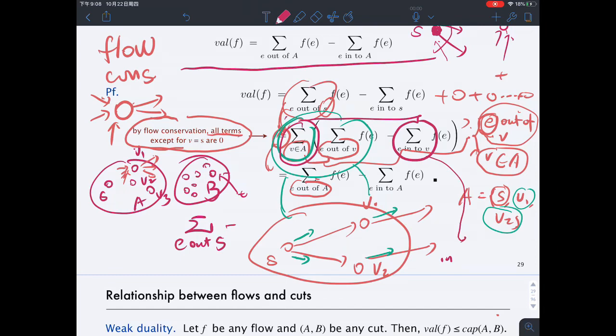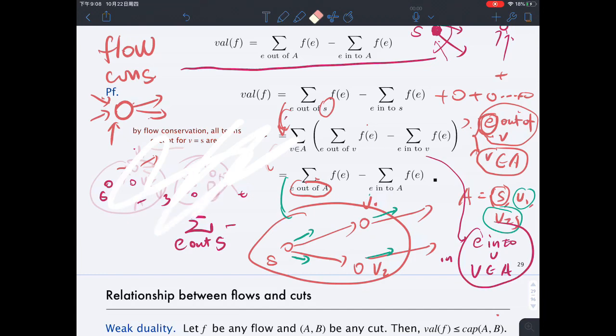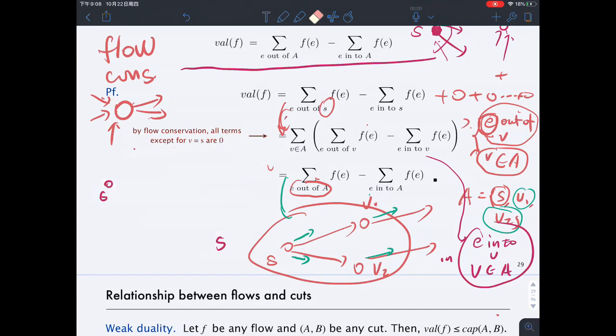Let me just draw everything again here. So we want E inside gets into V, V belong to A. If I look at this term, there are 2 summations going on here. Let me just erase everything. Let me do the expansion a bit more carefully.